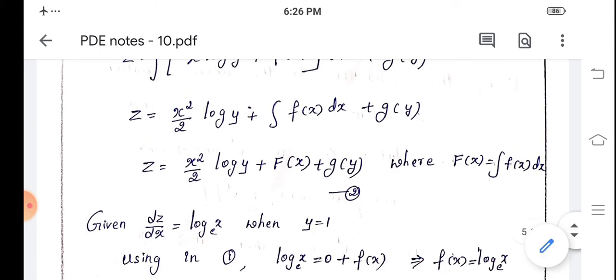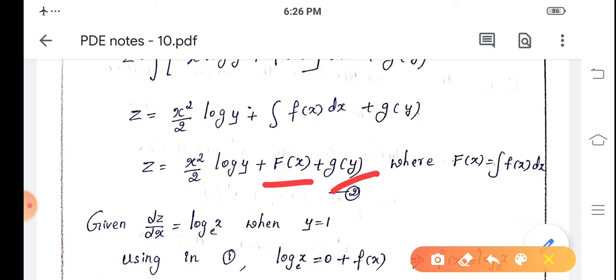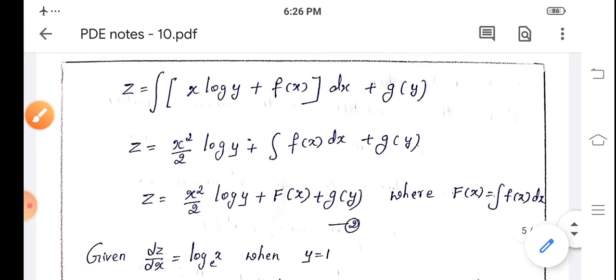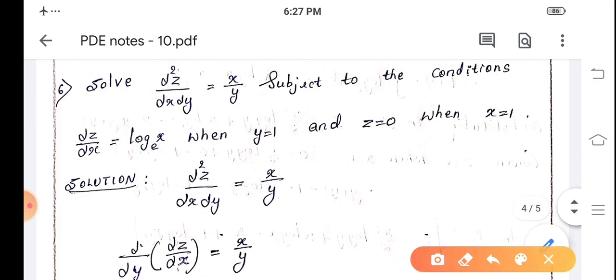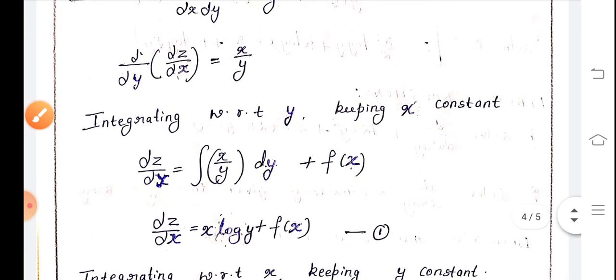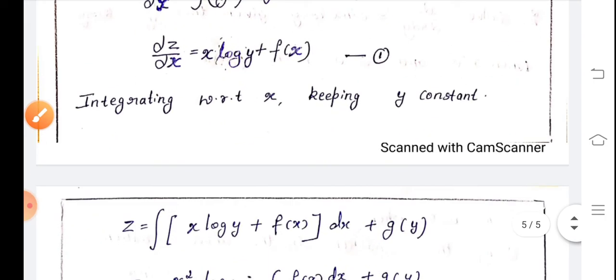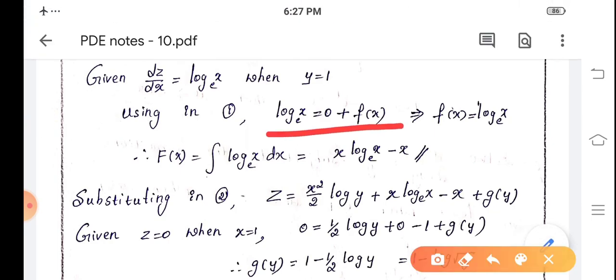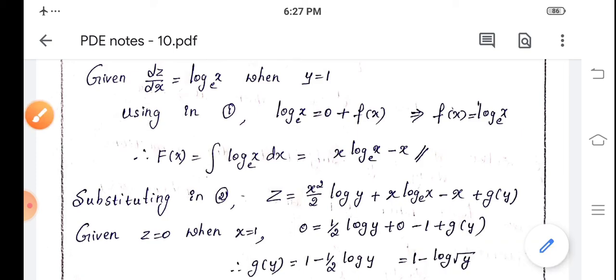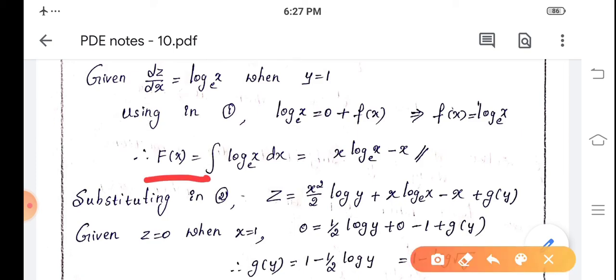And here we can eliminate the functions f and g using the given conditions. Given that ∂z/∂x = log x base e when y is equal to 1. Using this condition in equation 1, we write log x base e equal to f of x. That gives f of x equal to log x base e, or capital F of x is the integration of f of x dx.